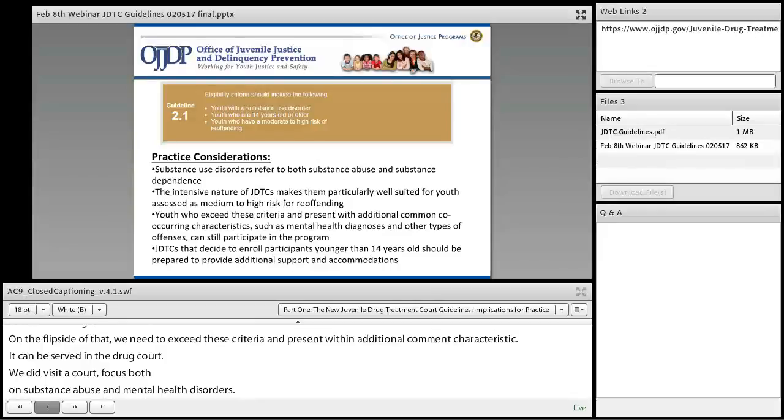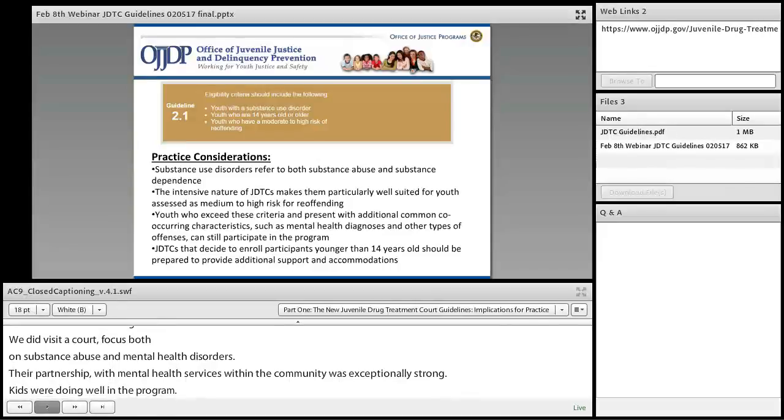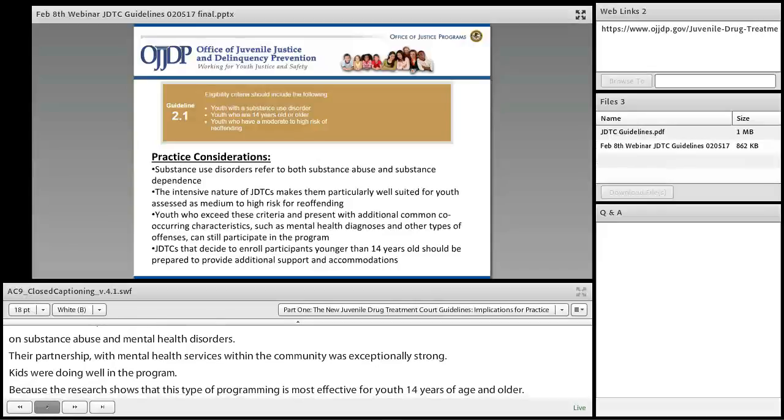Because the research shows that this kind of programming is most effective for youth that are 14 and over, if you do decide to enroll participants that are younger than 14, you really need to be talking about providing additional support and accommodations for those youth.